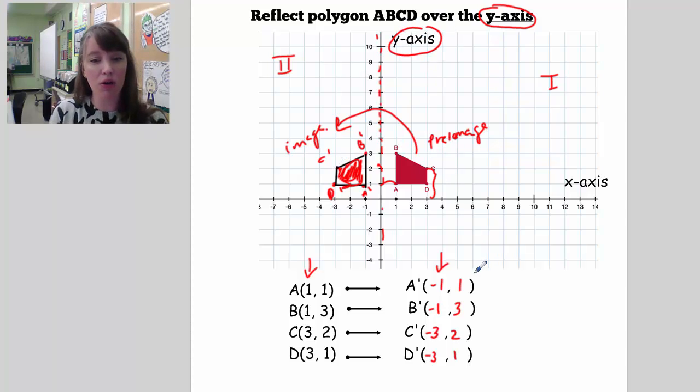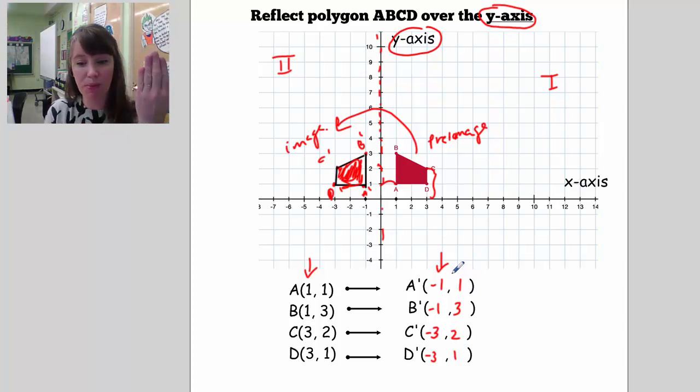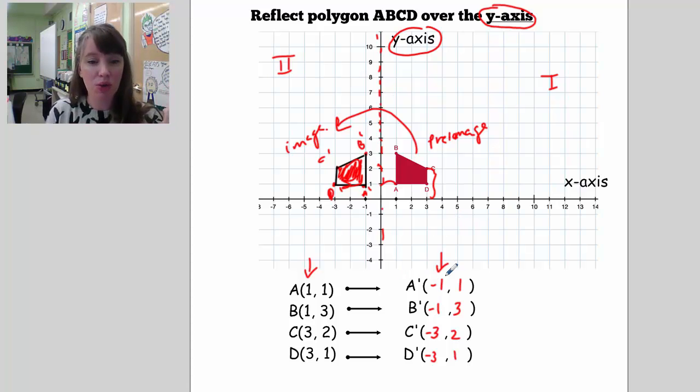So you're holding all the y coordinates constant, and you're flipping around the x coordinates, because you're changing the left-right orientation of the figure. So here I just take all the opposites of the x coordinates and I keep the y coordinates the same. That's happening because of the reflection across the y-axis.